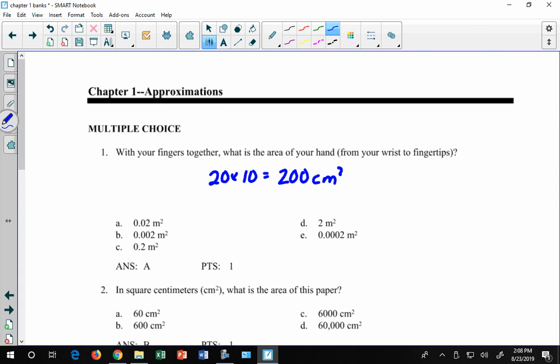square centimeters. But then notice that all my answers are in square meters. So then there's a unit conversion problem there as well. So then I would need to convert this to meters. There are 100 centimeters in 1 meter. Yes, y'all with me? I'll show you another way to do that.